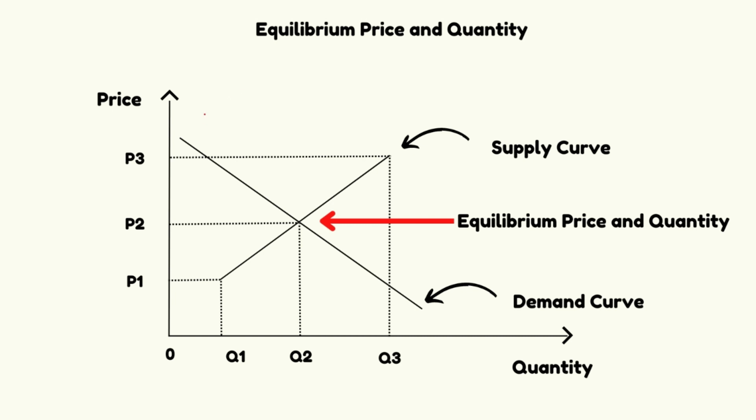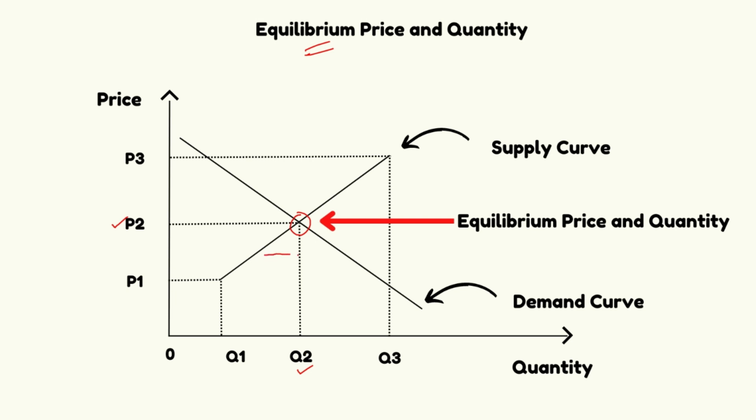This is how we can identify the equilibrium price using the demand and supply curve. The point at which the supply and demand curves intersect is the equilibrium price. For this example, P2 is the equilibrium price and Q2 is the equilibrium quantity, which means supply and demand are equal at this point.